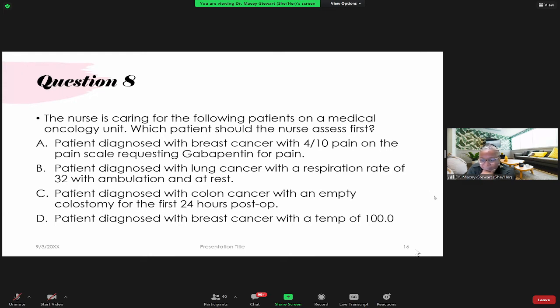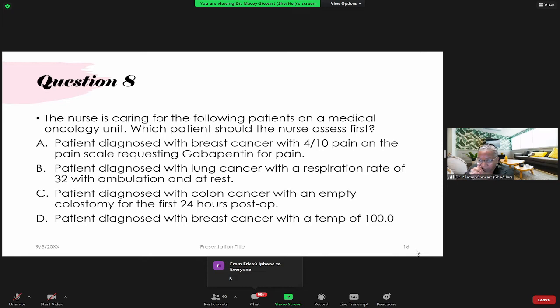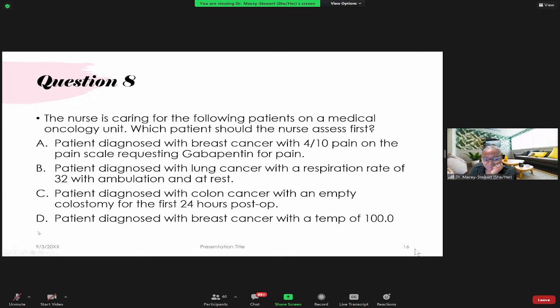D, the choice D. What defines a fever? Anybody? 100.3 or higher, right? Remember I talked to you about this for respirations for a lung cancer patient. Normal is 12 to 24 at rest and with ambulation. Remember I mentioned that? So if you have a patient with lung cancer with respiration of 32 with ambulation and at rest, that's a problem.